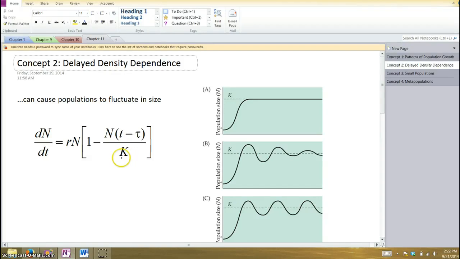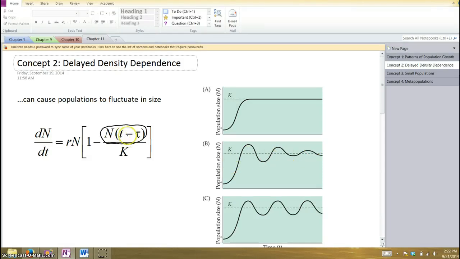And a modification of our logistic equation of N right here: essentially, instead of the N being the current population size, if the growth rate of the population is really influenced by the size of the population 2, 3, or 4 steps or years in the past, that can essentially create this sort of cycling that occurs.